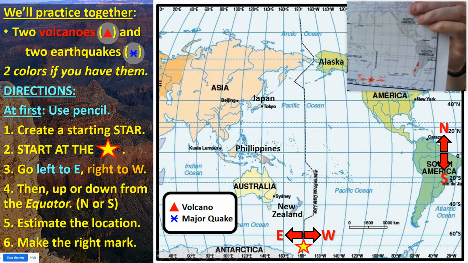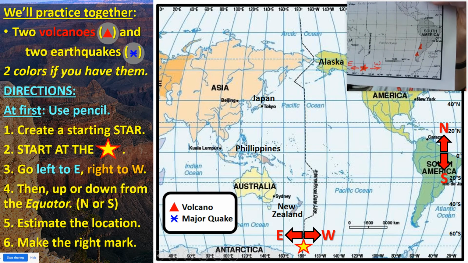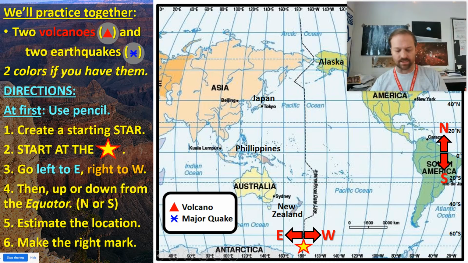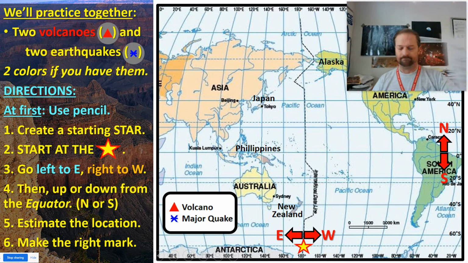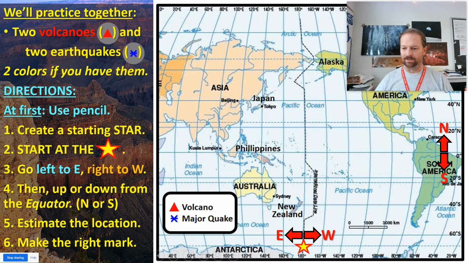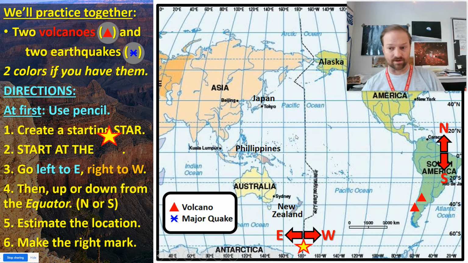So now I've got my first two volcanoes drawn. Check mark the second one. Two of them. So at this time, two volcanoes are in place. Yay, making some good progress. Now let's do two of the quakes.